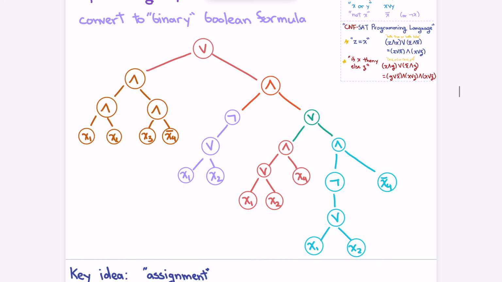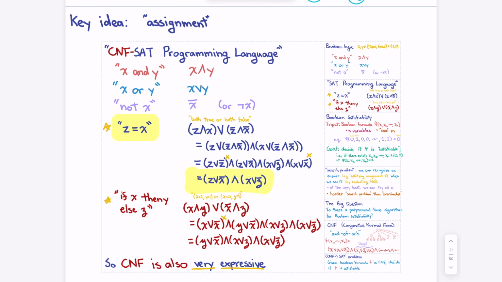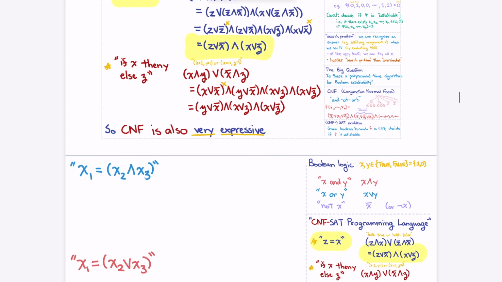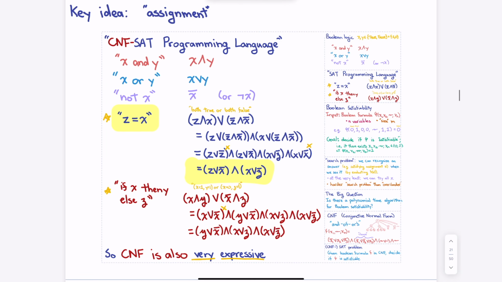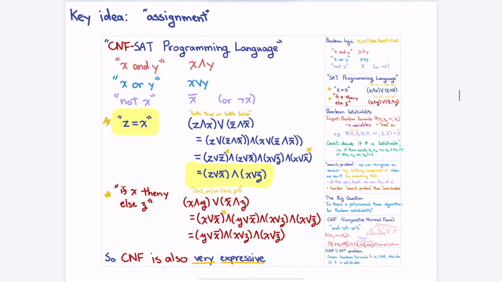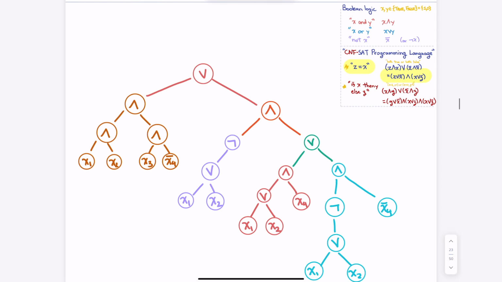All right, I have a hint. Remember we did this SAP programming language, so we have some tricks. In particular, we have something like assignment. Okay, that's my hint. So with that hint in hand, any ideas?